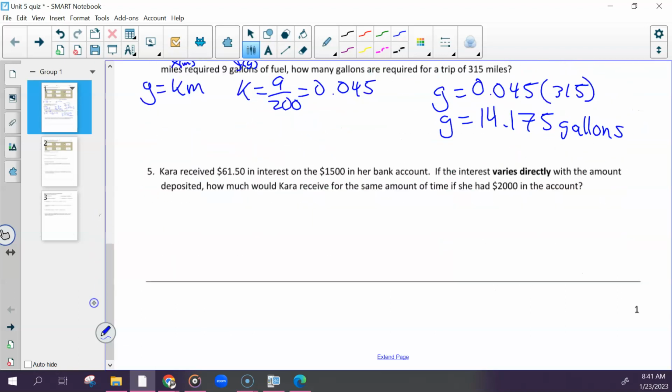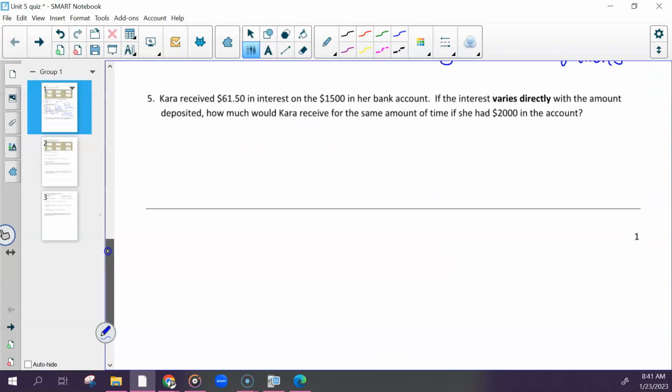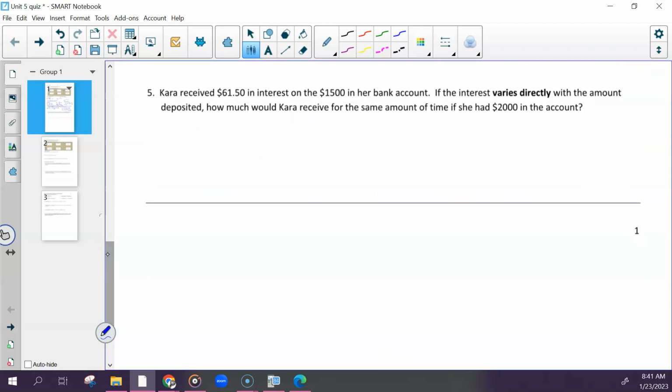And then the last one. Skipping this first part. We know the interest and the number in her bank account are going to be important. The interest is your y. The amount deposited is x. So whether you use these variables or different variables, still set up your original equation.